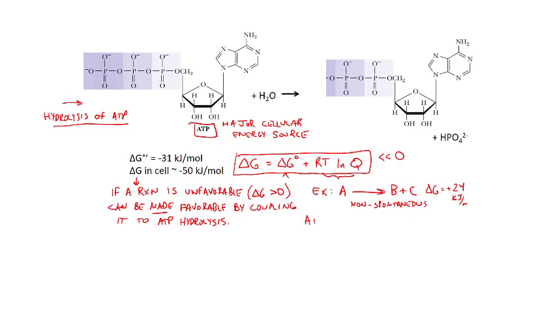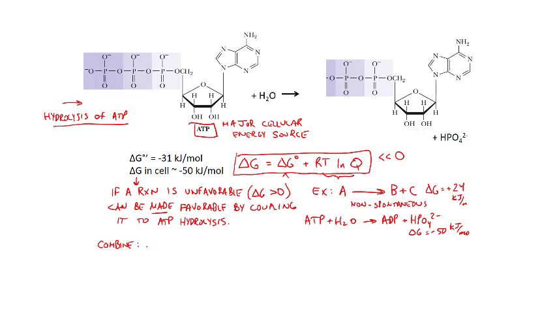But we said before, ATP plus water react to give us ADP plus phosphate. That has a delta G of about minus 50 kilojoules per mole. So we can combine them.